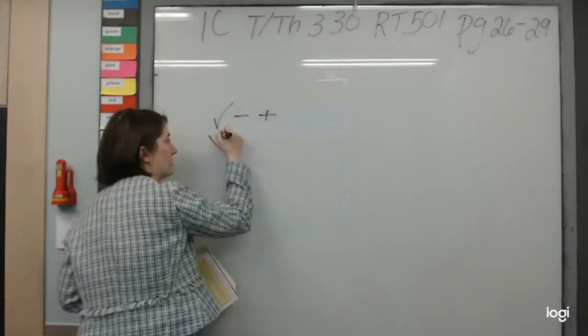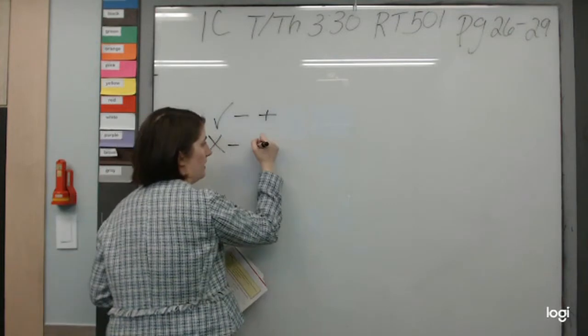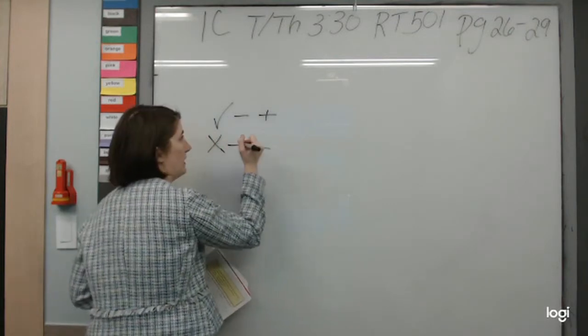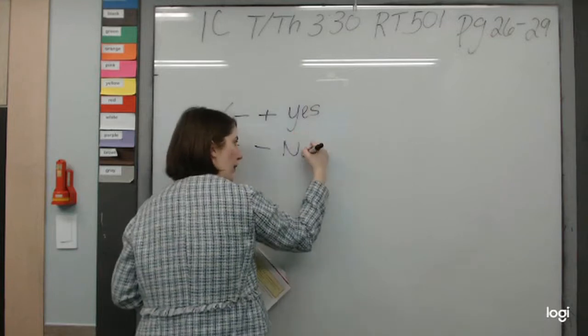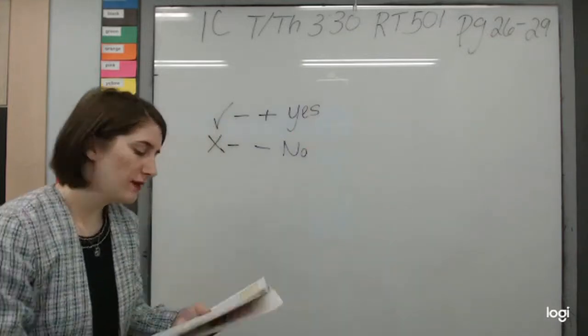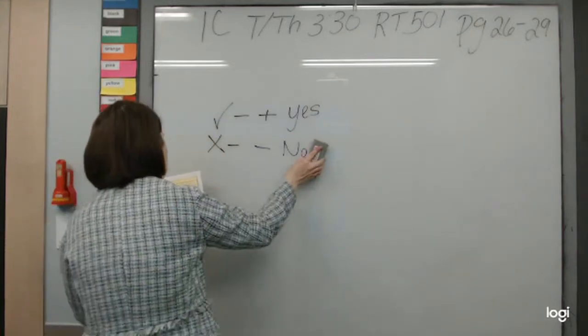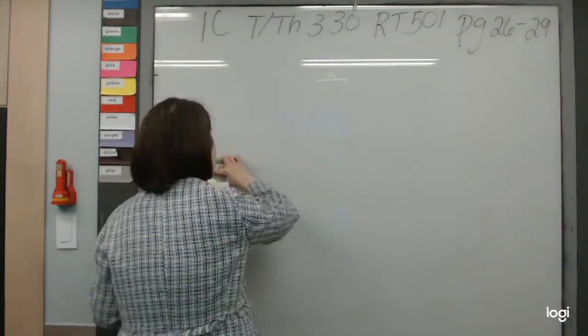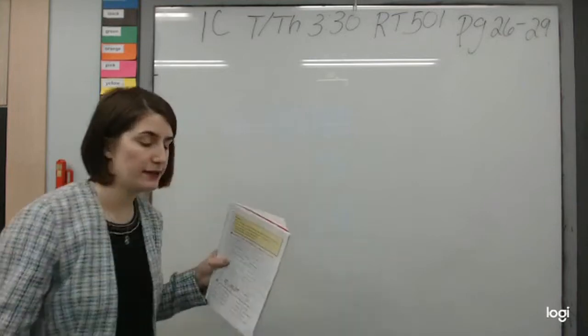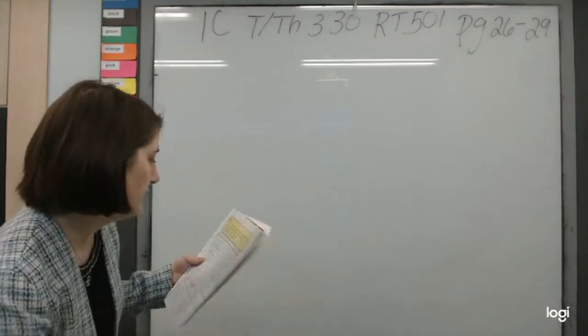If there's an X next to it, you need to make it a negative statement. This means yes, and this means no. All right? So, if there's a check, write affirmative. If there's an X, write a negative sentence.